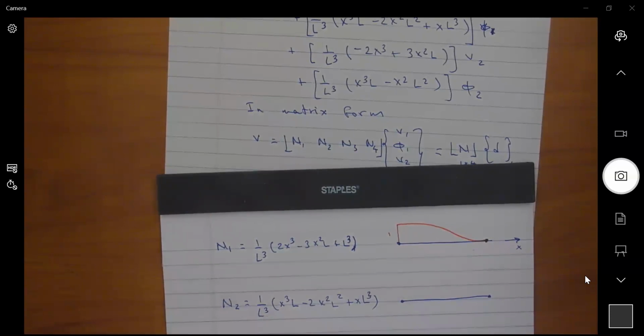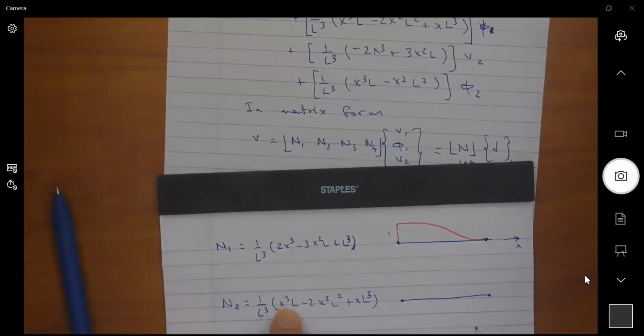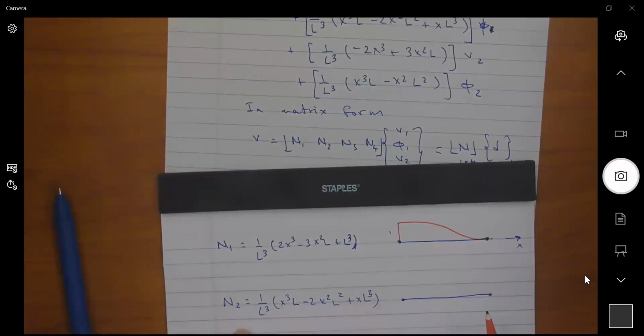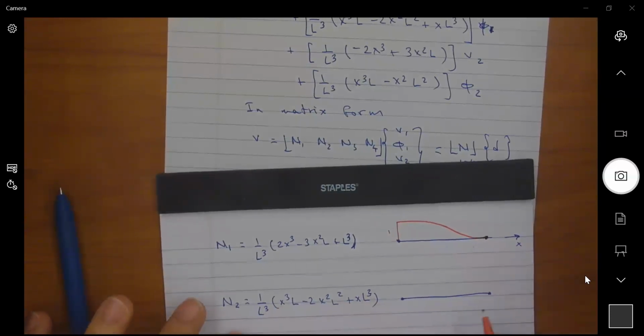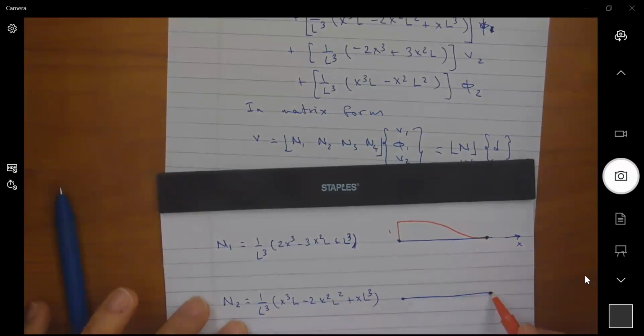If I continue to plot the function, I'm sorry, if you select x equals 0, you get a 0, right? But if you substitute in this function for x equal L, you will get a 0 also. So I have a 0 here and a 0 here. But when you sketch the curve, it's going to look something like this.